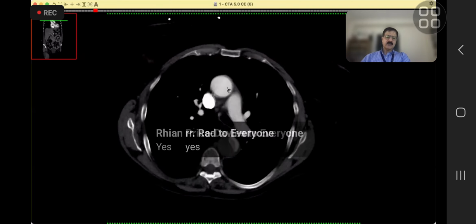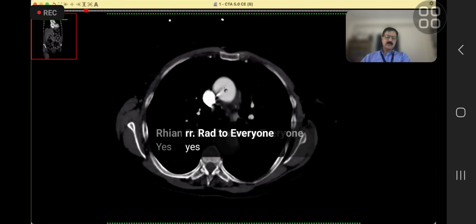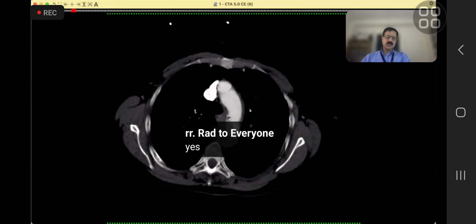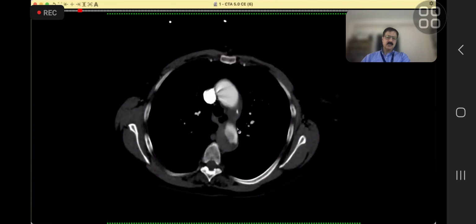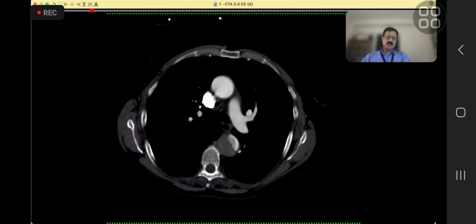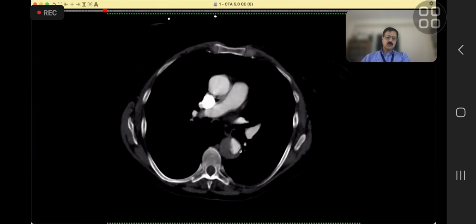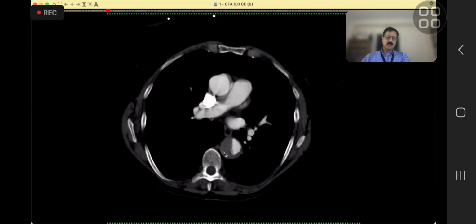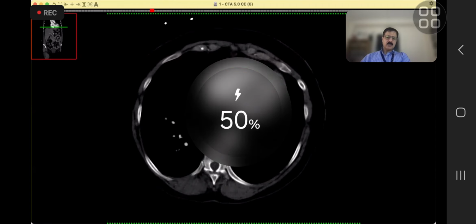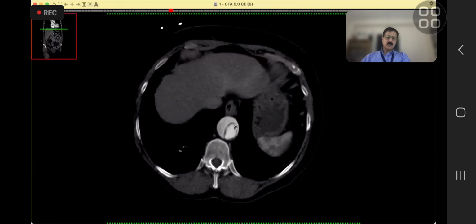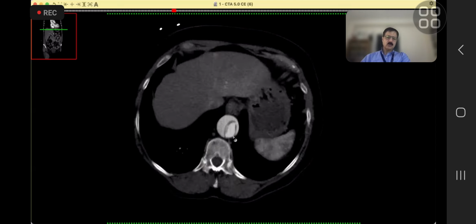There are some artifacts, and we go to the arch, and from here onwards, distal to the subclavian, you can see it. This is the true lumen, and this is the false lumen. As we come into the abdomen, this is the true lumen, this is the false lumen.